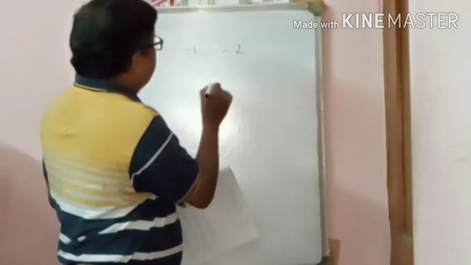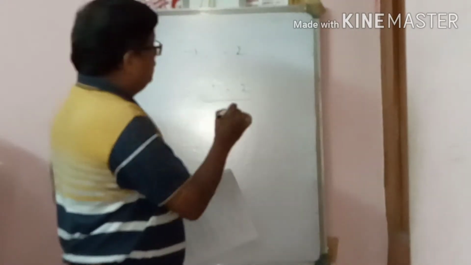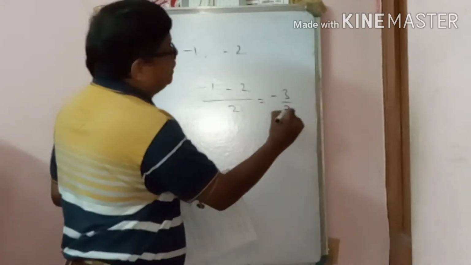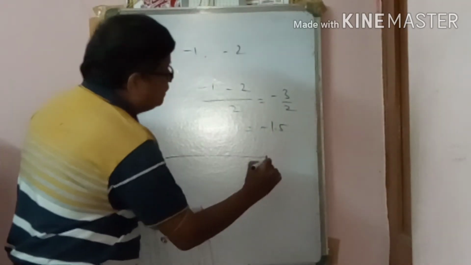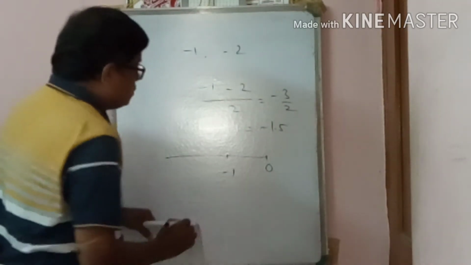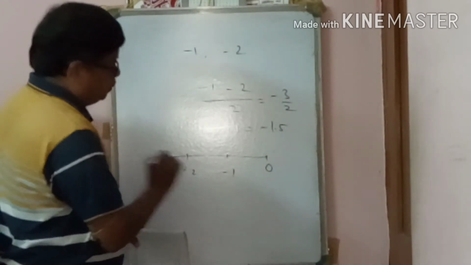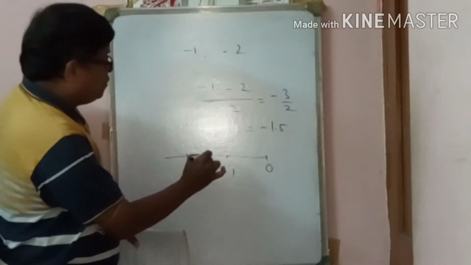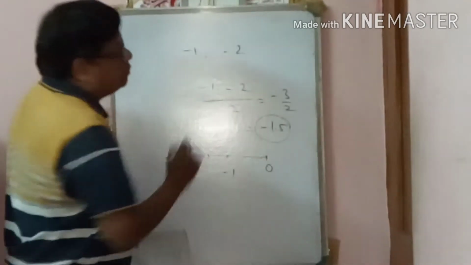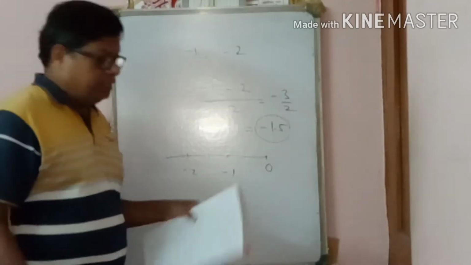We write (-1 -2) by 2, that is -3/2, that is -1.5. If we write here, suppose this is 0, this is -1, this is -2, in between -1 and -2, -1.5 is there. So the answer is -1.5.